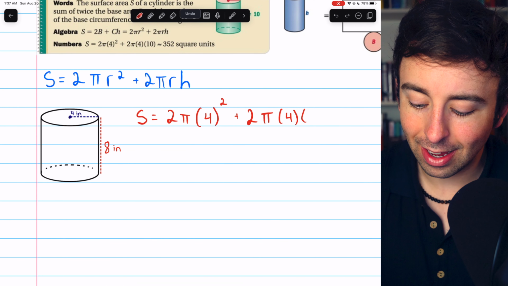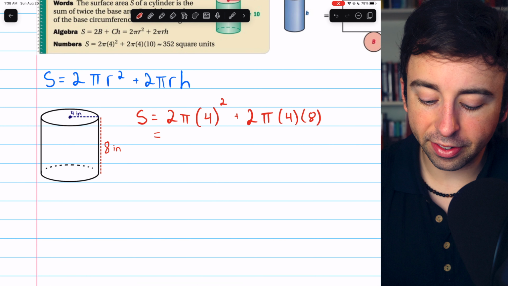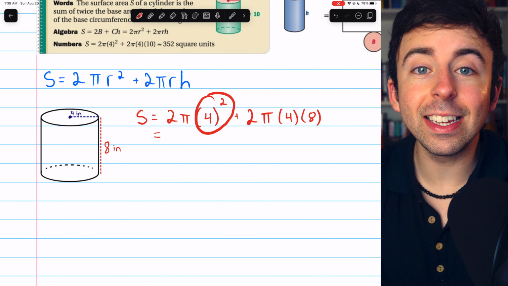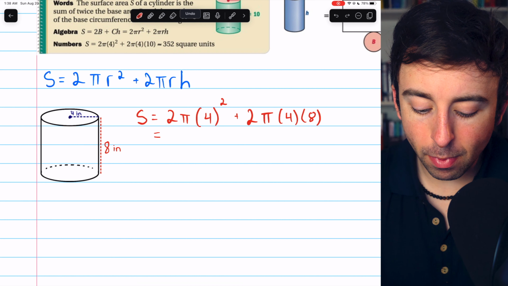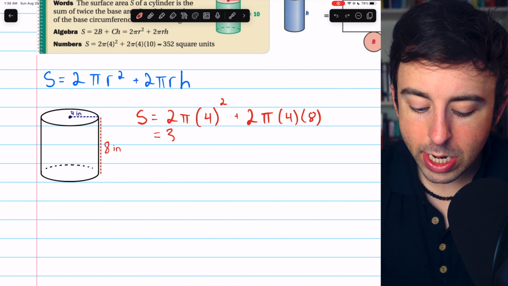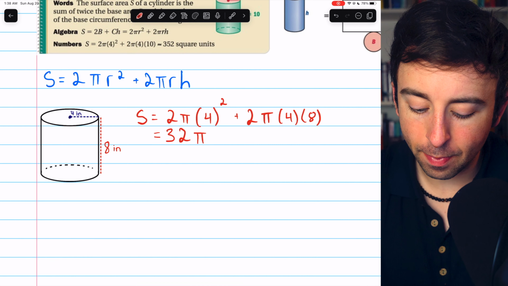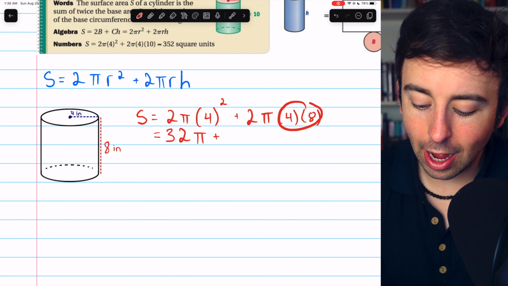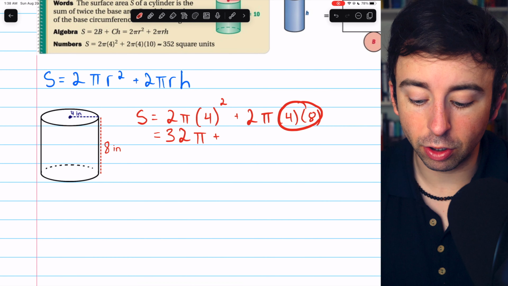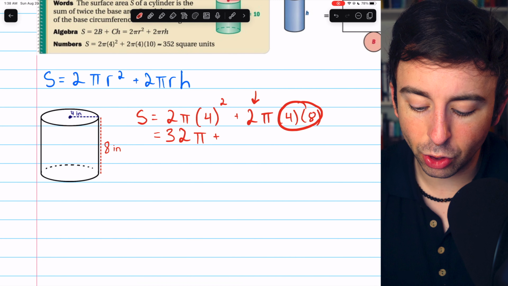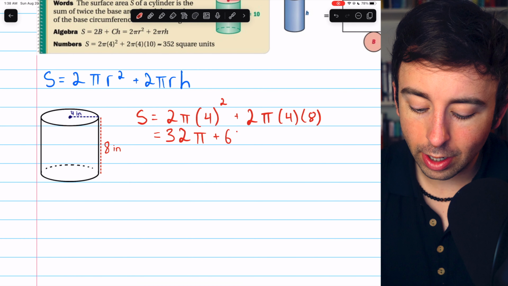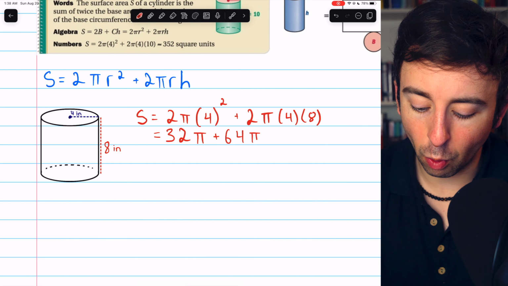Then simplifying this sum, 4 squared is 16. And if we multiply that by 2, we get 32. So we have 32 pi plus 4 times 8 is 32. And if we multiply that by 2, we get 64. So this is plus 64 pi.